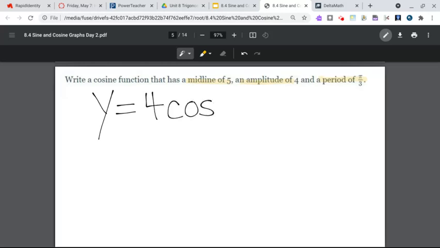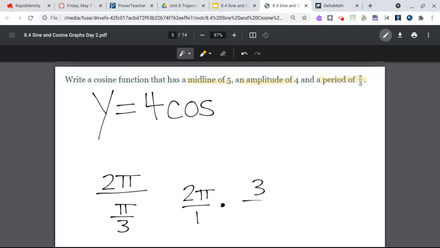Period is pi over 3, so to find our b value, we do 2 pi divided by the period. 2 pi over 1 times the reciprocal, 3 over pi. The pi's will cancel. Your b value is 6. Stick it in there, 6x. Midline is plus 5.